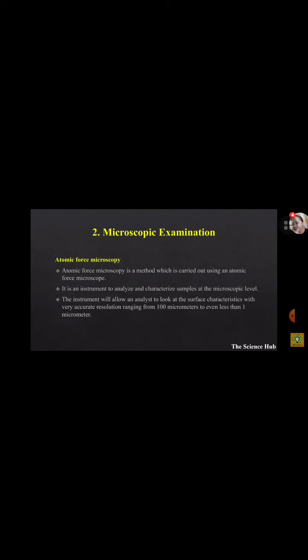Then atomic force microscopy. Atomic force microscopy is a method which is carried out using an atomic force microscope. It is an instrument to analyze and characterize samples at the microscopic level. The instrument allows an analyst to look at the surface characteristics with very accurate resolution, ranging from 100 micrometers to even less than 1 micrometer.